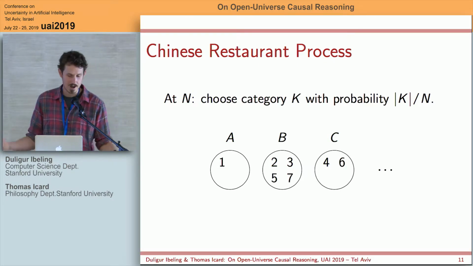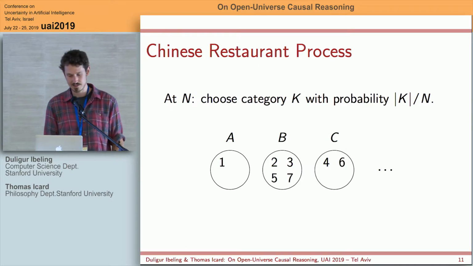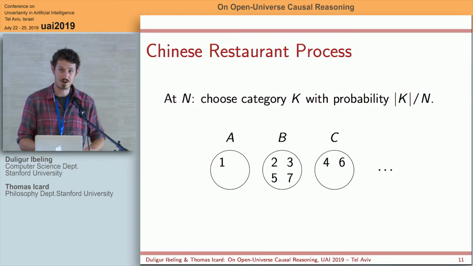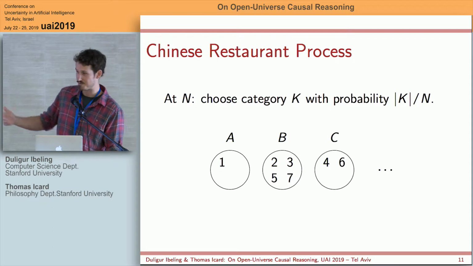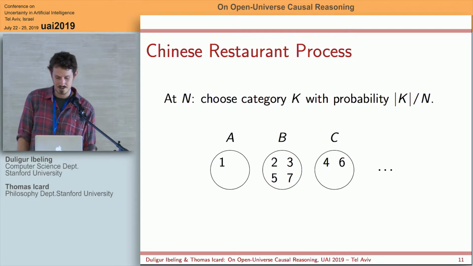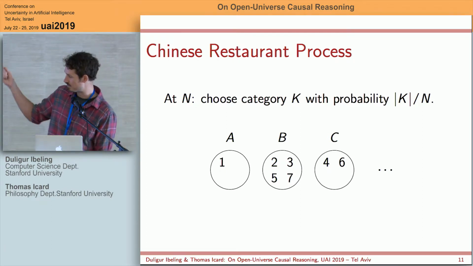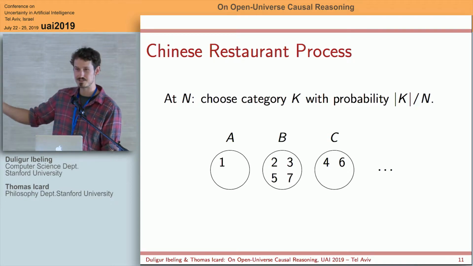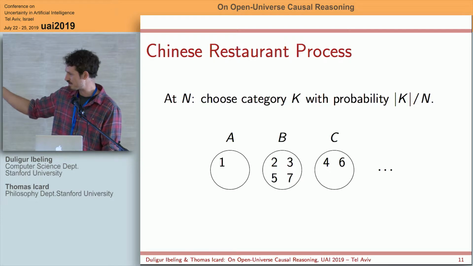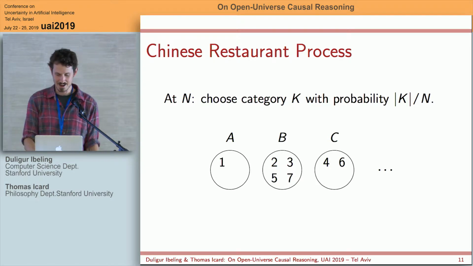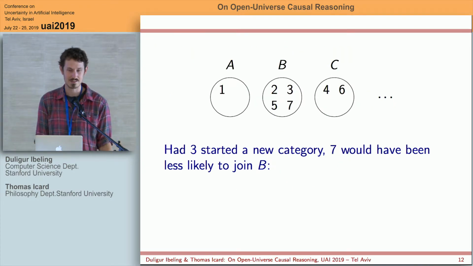The thing I want to point out about a process like this is that it encodes a whole bunch of interesting causal information. For example, given what in fact happened here in this generative procedure, I can say that 7 joined B in some sense because 3 joined B, or at any rate, 3 was a probabilistic difference maker for 7. And that can be made somewhat precise by encoding certain counterfactual facts.